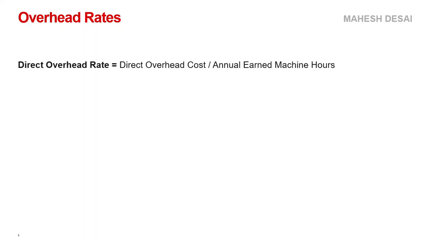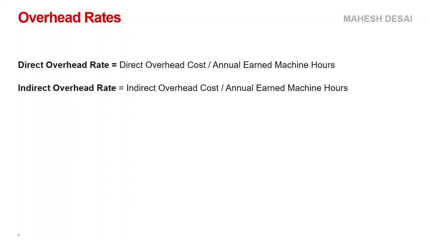So overhead rates. Direct overhead rate is direct overhead cost divided by annual earned machine hours. Indirect overhead rate is indirect overhead cost divided by annual earned machine hours. So it's per hour, like cost per hour. So how can we calculate annual earned machine hours?